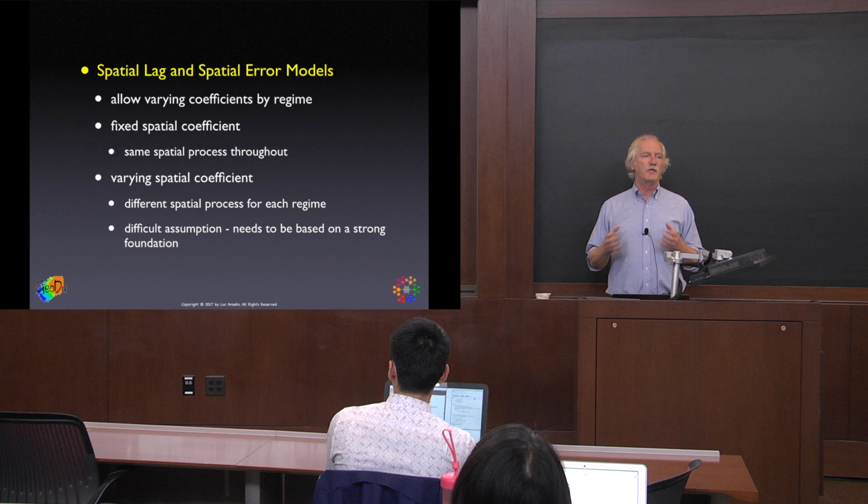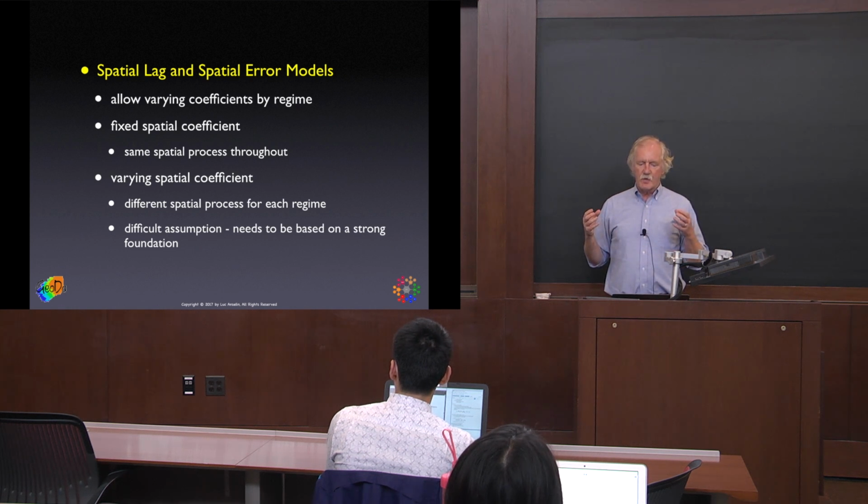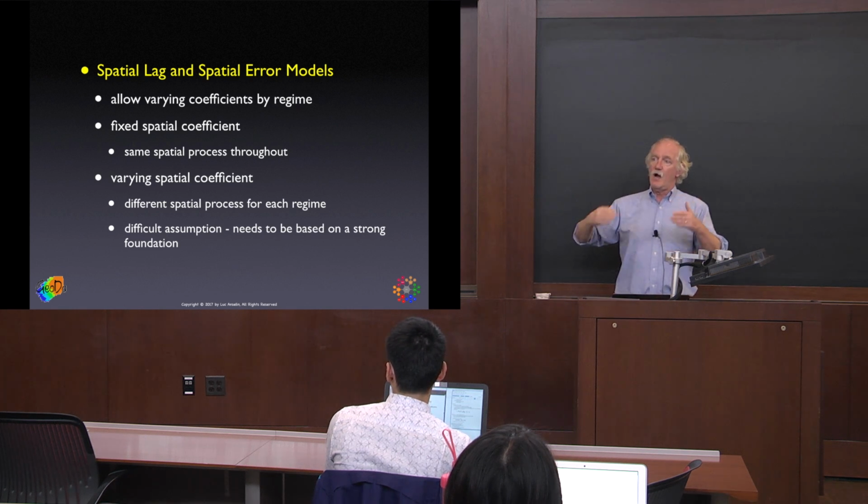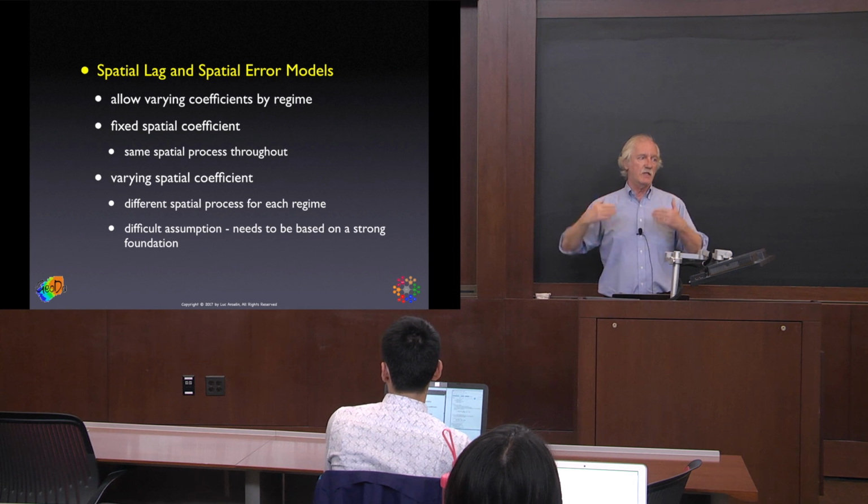But how do we deal with the spatial part of the phenomenon? Do we keep the spatial process the same throughout? So one spatial parameter for the whole thing, and the betas are different by regime? Or do we actually allow a different spatial process in each of the regimes, right?